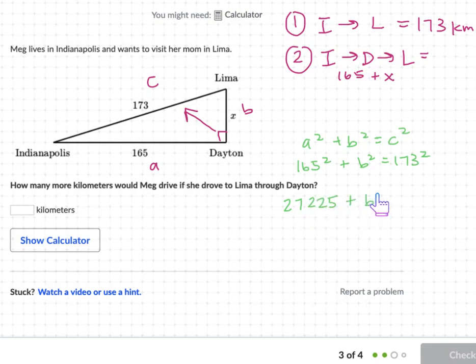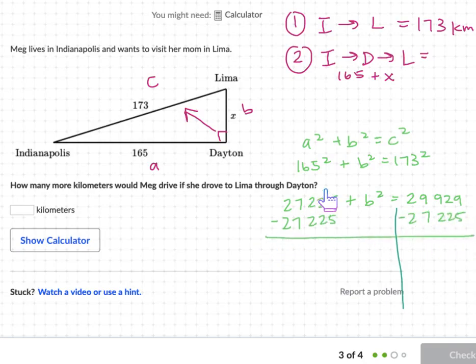That's huge. Plus b squared equals 173 times 173, also a huge number, 29,929. And to figure out b, I will need to subtract this number on both sides so that it cancels on the left-hand side.